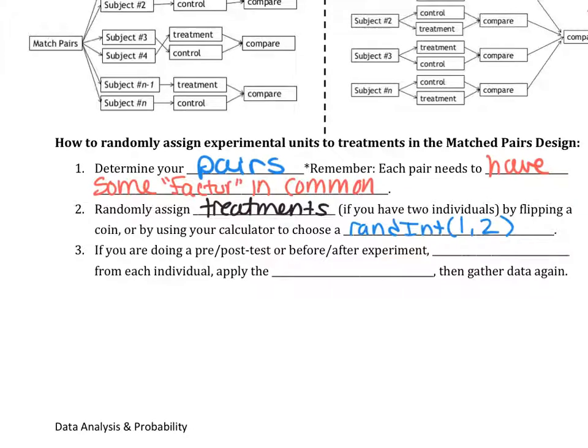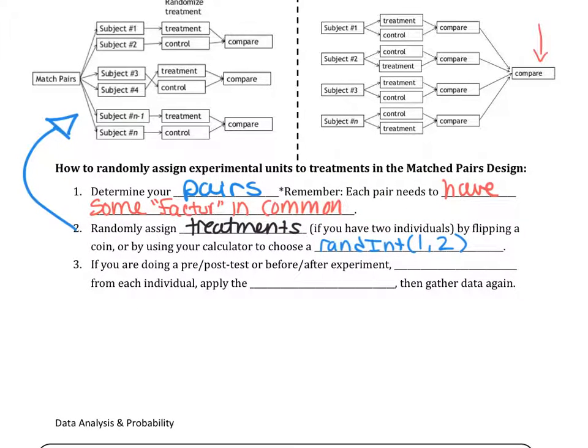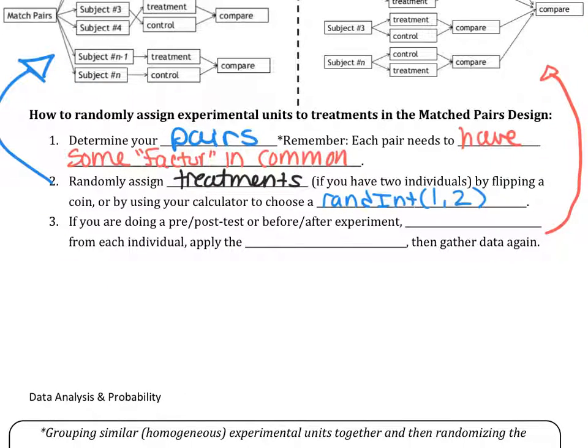So this one is for the first option when you have two individuals and one person gets one treatment, the second person gets a second treatment. This number 3 here is if you're doing the before and after option. So if you're doing like the pre-post test or the before and after experiment, you would first, because the before or the pre part, you have to collect data from your individuals first.